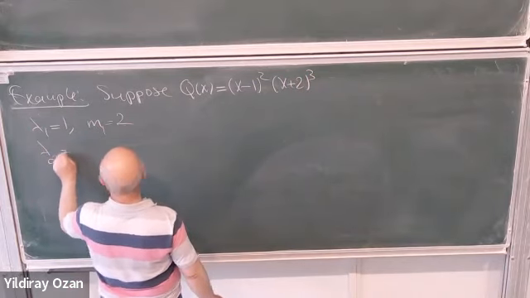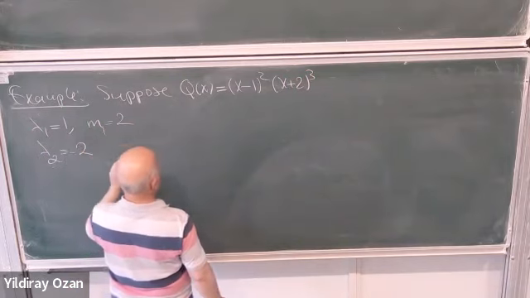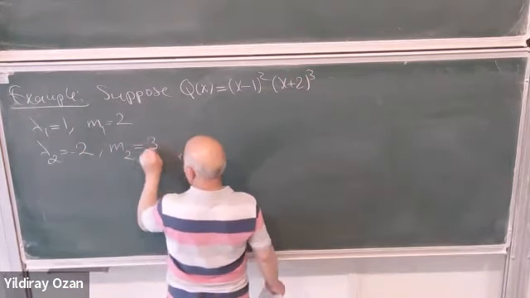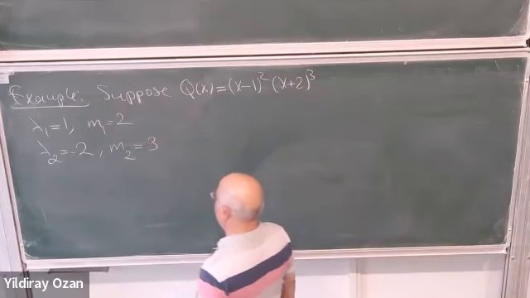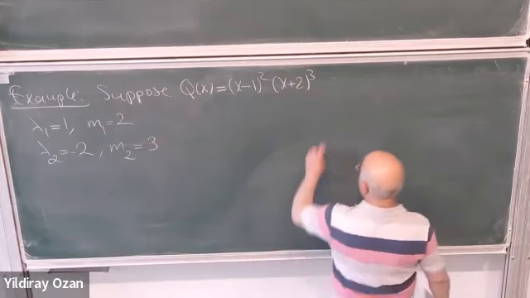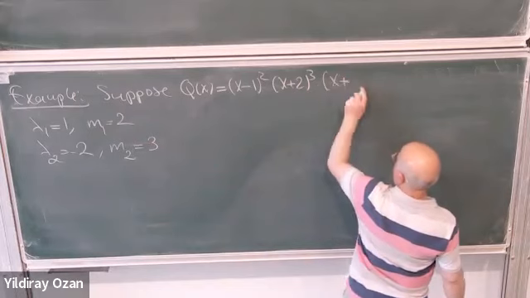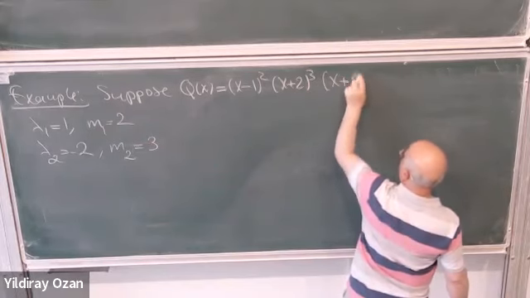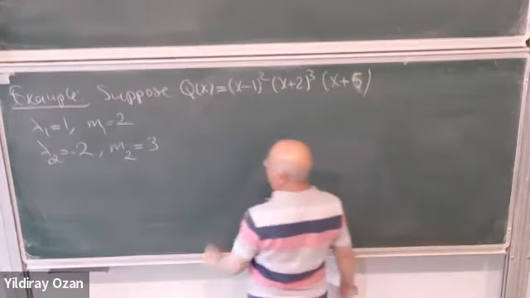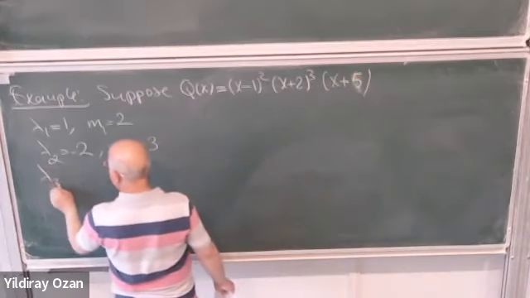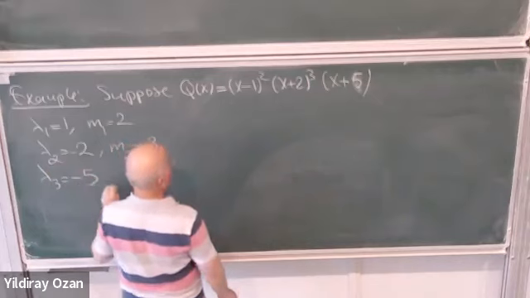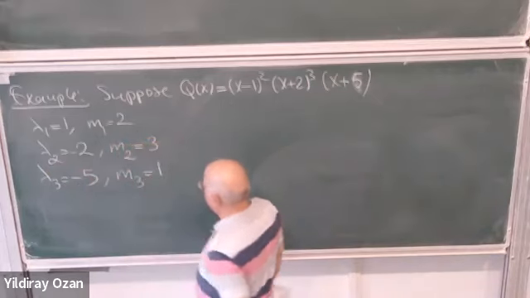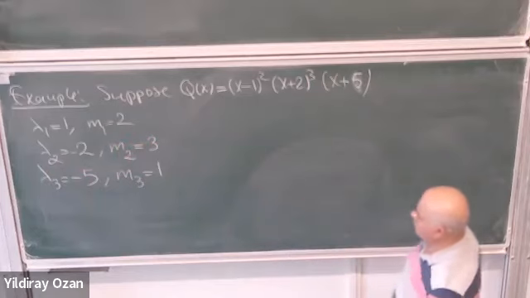Lambda 2 is minus 2 and m2 is 3. If you like, let's add one more, say 5. There is also a lambda 3. Lambda 3 is minus 5, and m3 is 1. So what are the equations then?